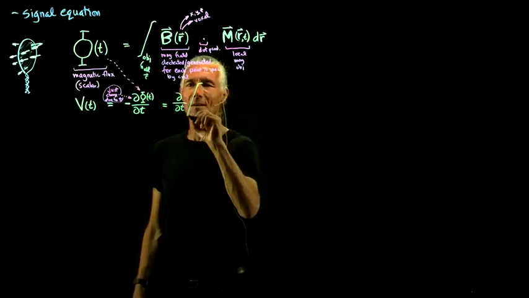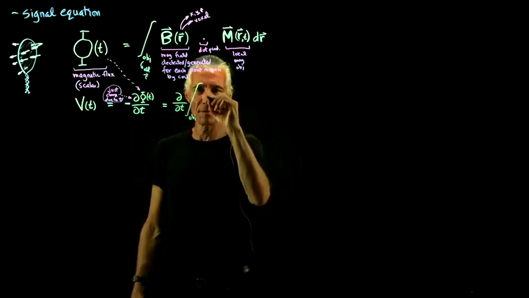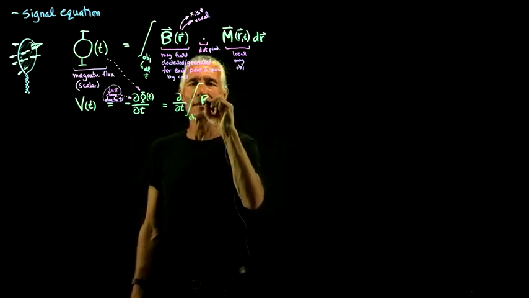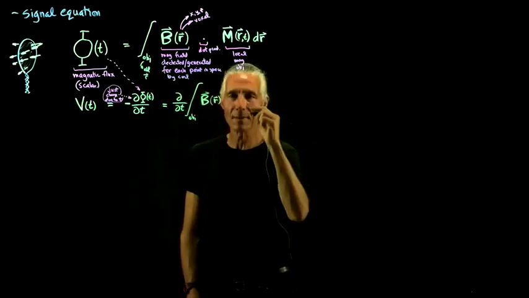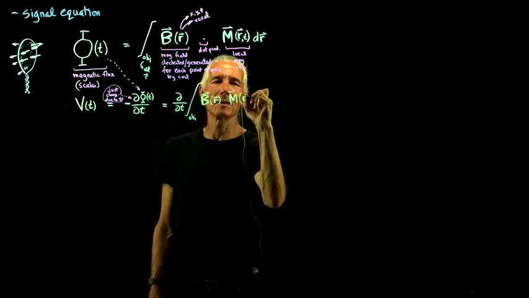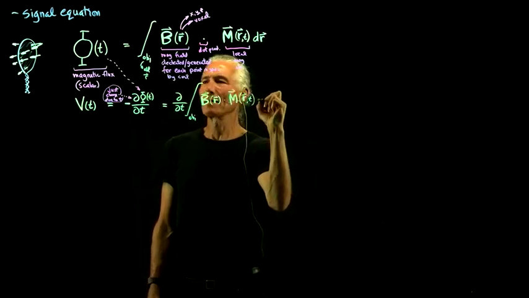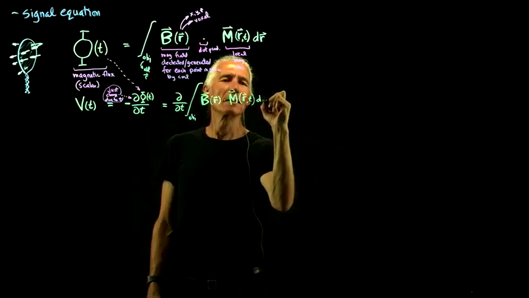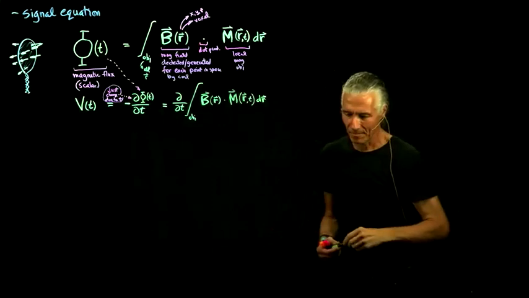So then we got this equation: sum across the entire object of this B vector, which is different at each point in space, dot producted with whatever the local magnetization is at each point in space, and that one's changing in time, summed across the whole of space.